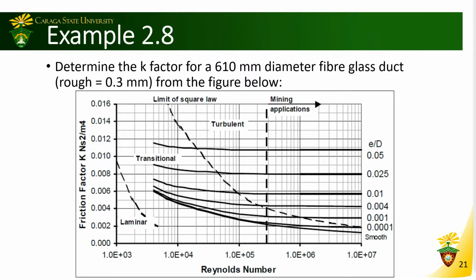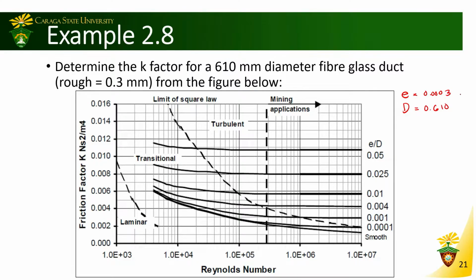Since we have a 610 millimeter diameter fiberglass duct, its surface roughness e is therefore equal to 0.0003 meters, and its hydraulic diameter, since it is circular, is the diameter given, which is 610 millimeters or 0.610 meters.